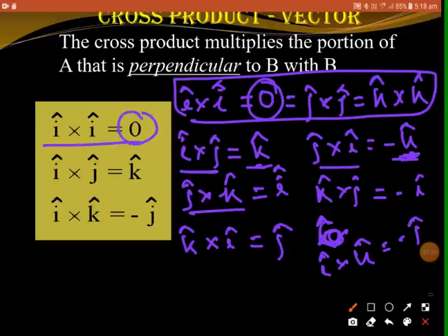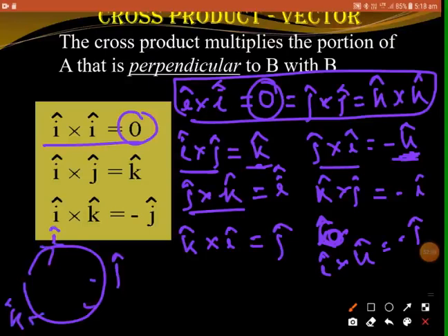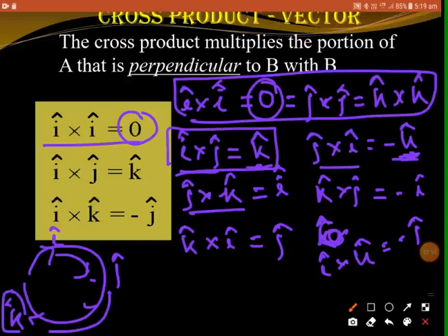But if you are going to take it for i, j, k, then it should be coming in the cyclic order like this. If it is representing i, j, k, like this, and it goes in the cyclic order, i cross j, you will get k. Got it? j cross k, you will get the third one, if the order is the same in this clockwise direction.